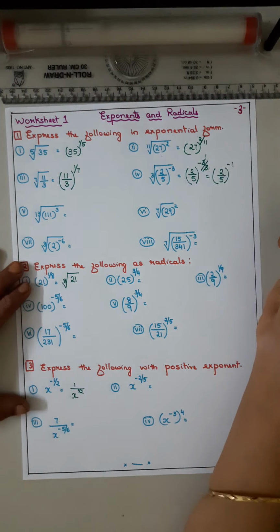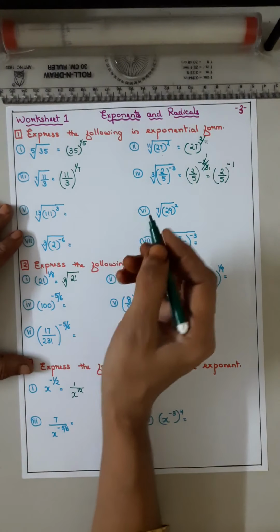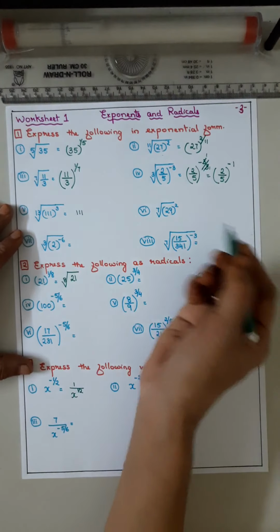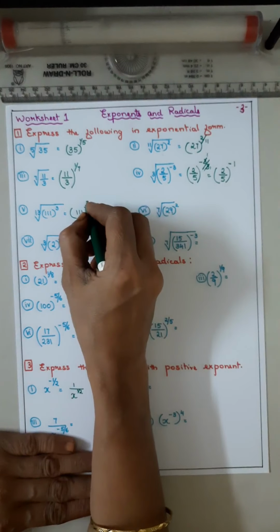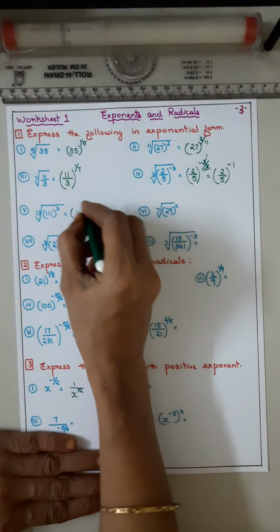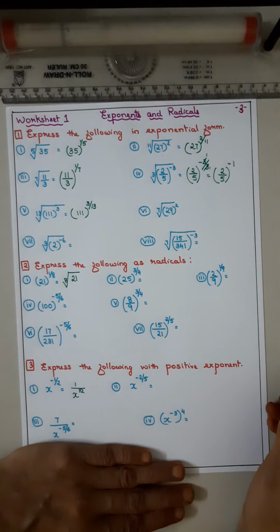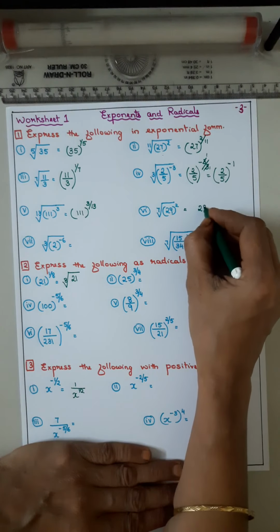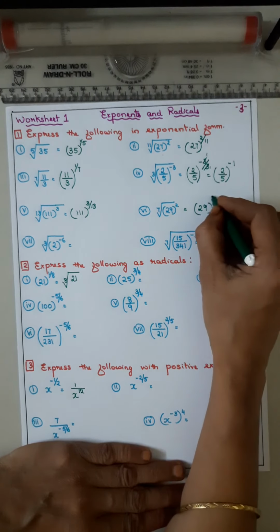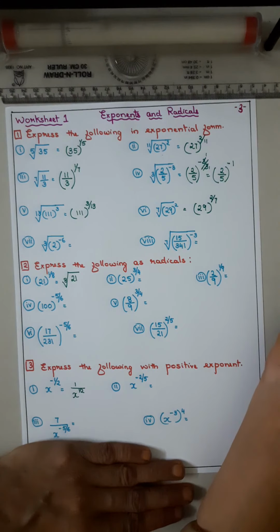You have not been asked to convert to positive, so keep it like this. Now here the base is 111, the whole power, the power is how much? 3, and the index is how much? 13. So you got the answer 111 the whole power 3/13. Now what is the base? 29. The power is 2. The index is 7. So you got 29 the whole power 2/7.